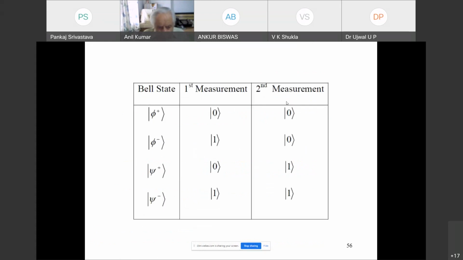So the first measurement gives you, if it gives you 0, and the second measurement gives you 0, then it is this Bell state. If it's 1 and 0, it's this Bell state. If it's 0 and 1, it's this Bell state. If it's 1 and 1, it's this Bell state.